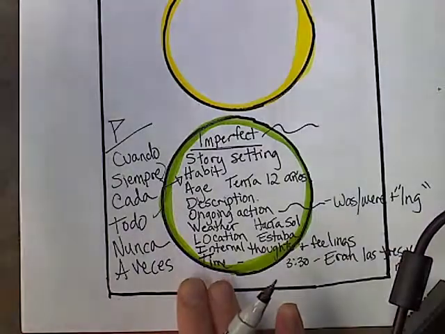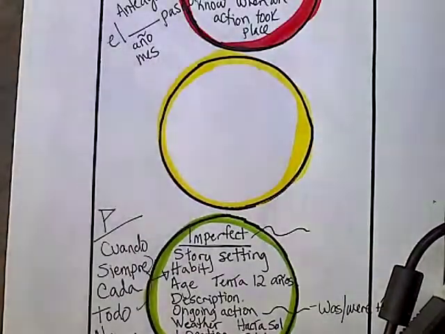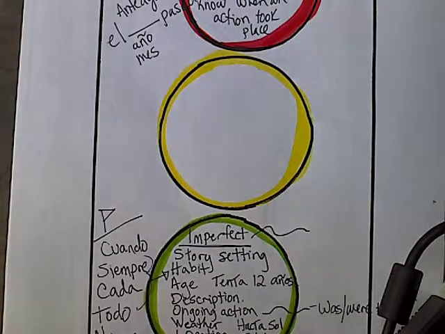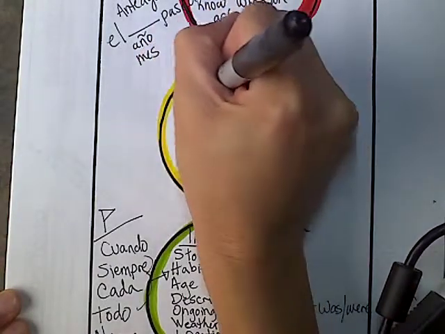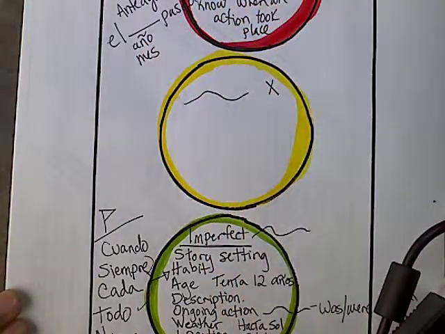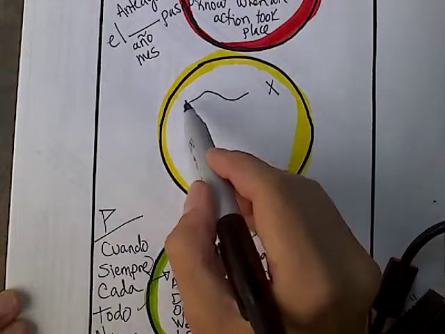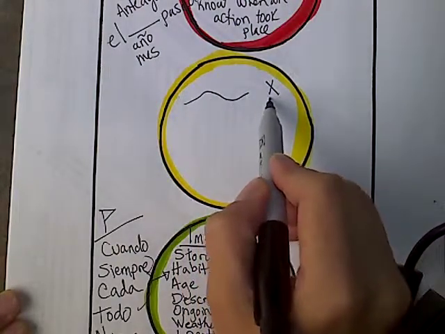All right, if we come back to the yellow, this is basically, sometimes we can have preterite or we could have imperfect. It's really up to the discretion of the speaker. So it's possible to have an ongoing action that gets interrupted by a one-time action. For example, I was running when I fell.